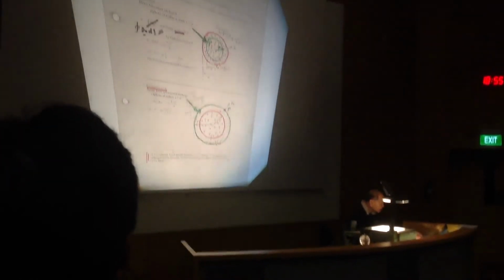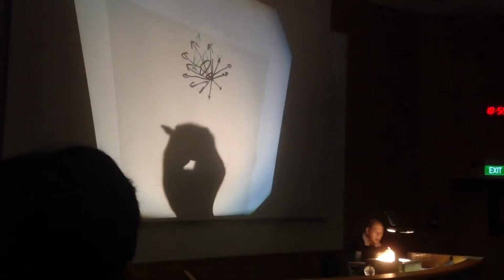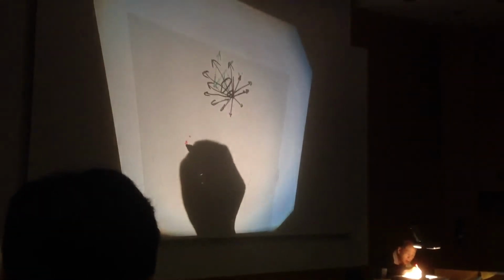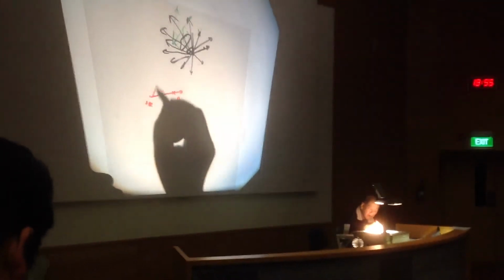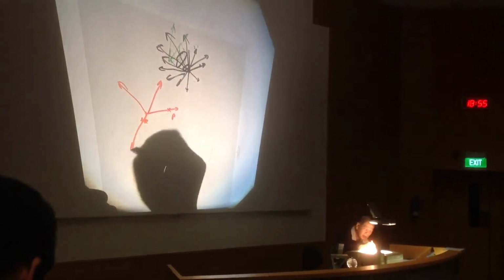Okay, let me give another, simpler picture. I have a point charge of plus Q here, which will give rise to flux, electric field, at the point P here.